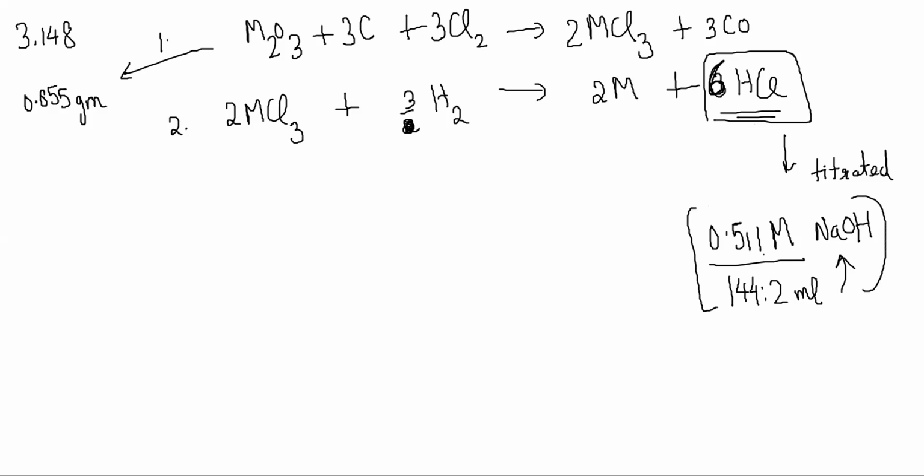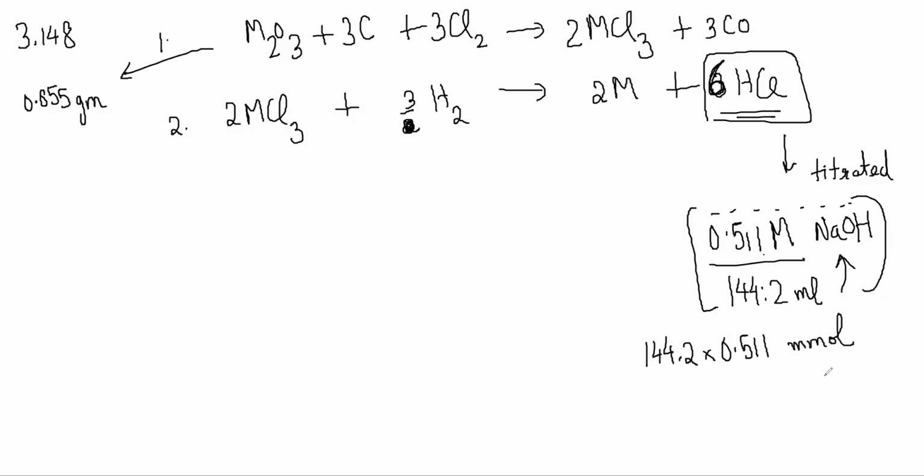Now, ultimately, we have to find the identity of element M and the mass of M produced in grams in this reaction. So first find the moles. 144.2 into 0.511, that is milliliter into mole per liter, so it will be millimole.